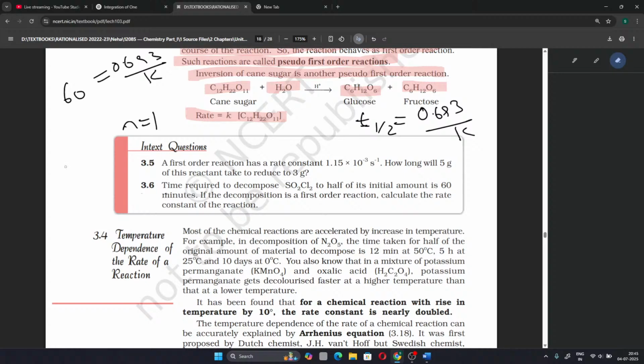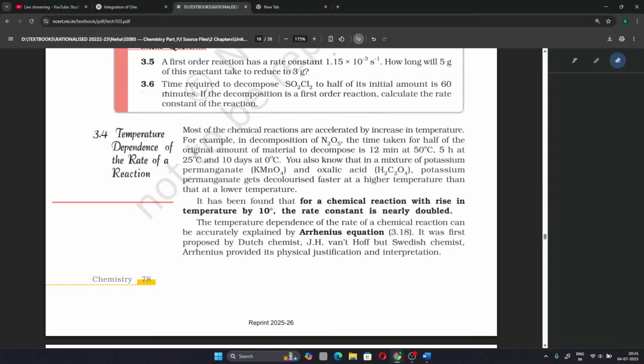Now let's go to the next main topic, temperature dependence of the rate of a reaction. Most chemical reactions are accelerated by an increase in temperature.